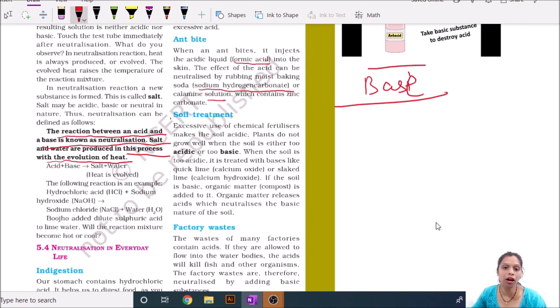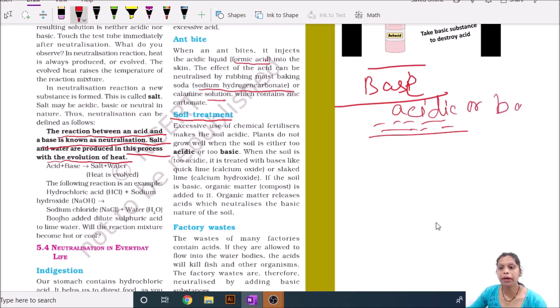Now our third type of experience: sometimes, because of the excessive chemical fertilizer we use in a field, our field becomes either acidic or basic.